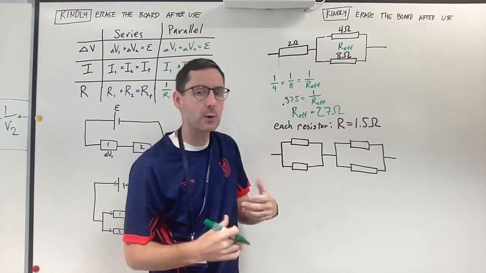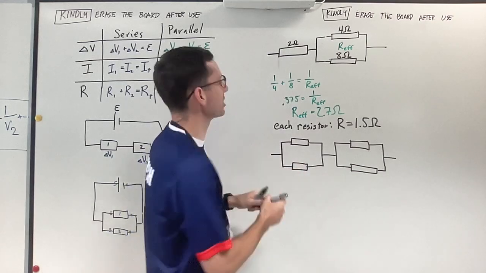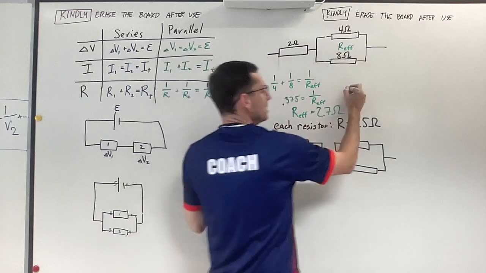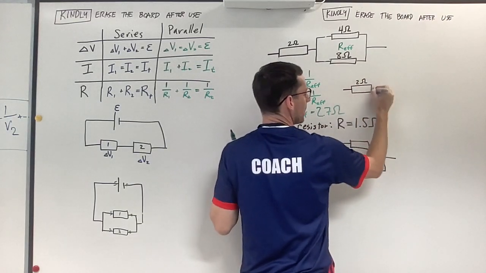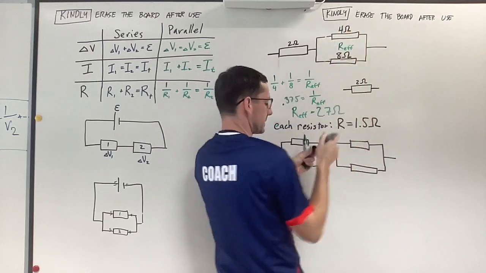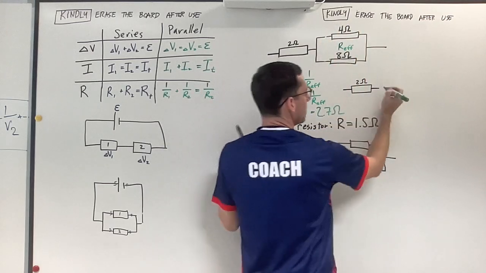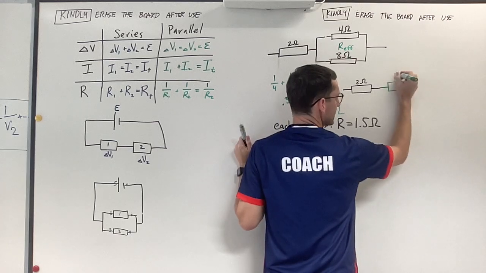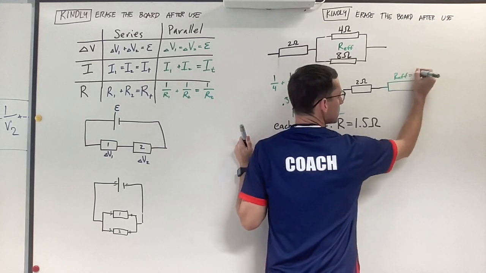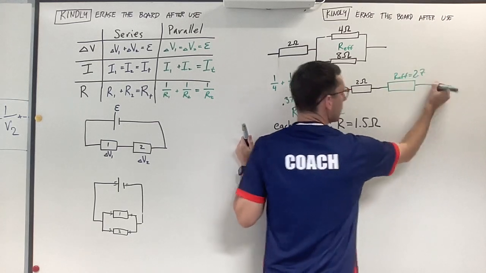Okay, so at this point, what I can now do is I can actually redraw my circuit. So I still have that 2 ohm resistor there, but then instead of this, I'm now going to have the effective resistance, which was 2.7, right?